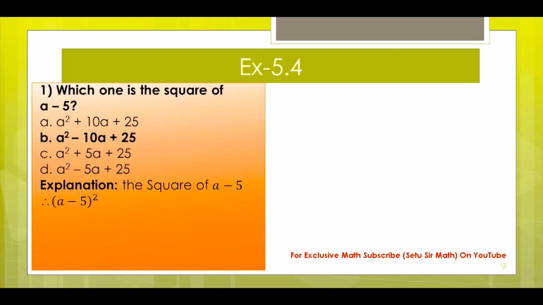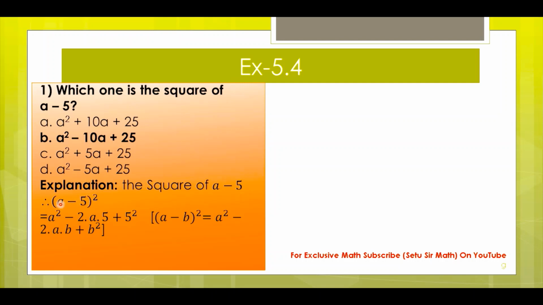The square of a minus 5 means a minus 5 whole square, and you know the formula: a minus b whole square equals a square minus 2ab plus b square. We have to compare with this general formula with a minus 5.